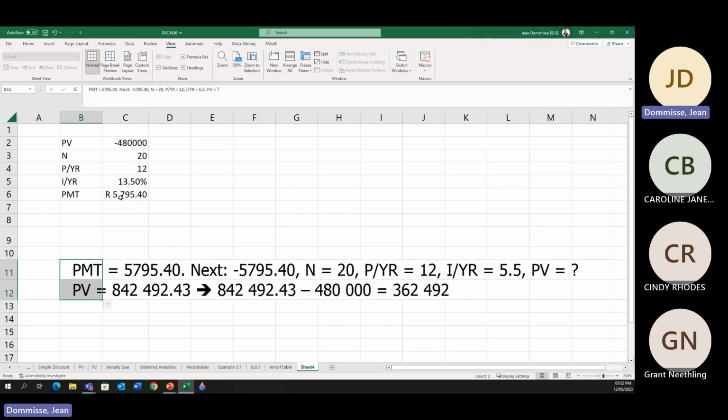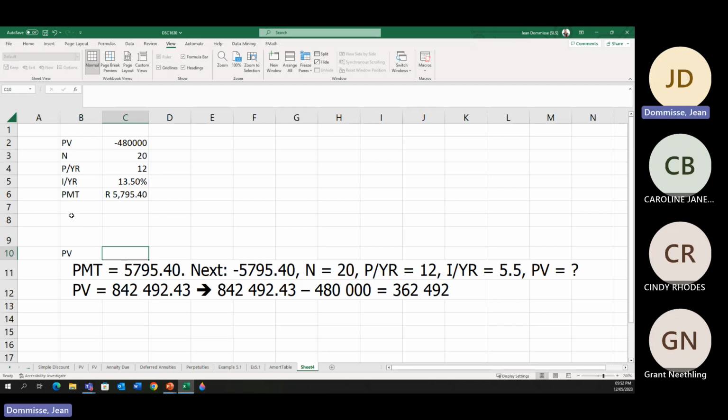So what we now need to do is to say, okay, I actually now need to work out what is the future value. Sorry, the present value. So let's start with a new one. What I have, I've got my PMT, so I am just going to copy that or use that.